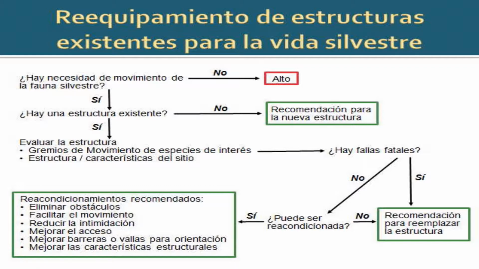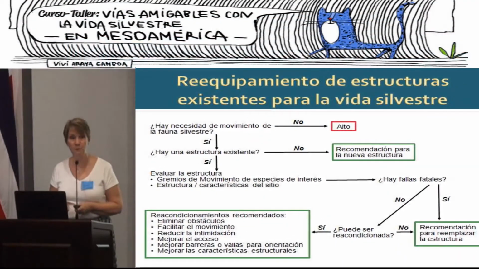You might facilitate their movement by, for example, putting in some sort of a dry pathway. We'll see this in the field trip, where there are some options to do that. The idea is to develop a dry pathway, because some species like to walk on it better than walking through water itself. That's one example.